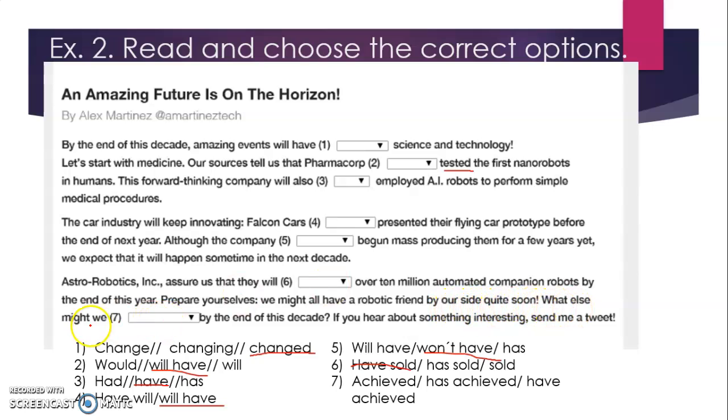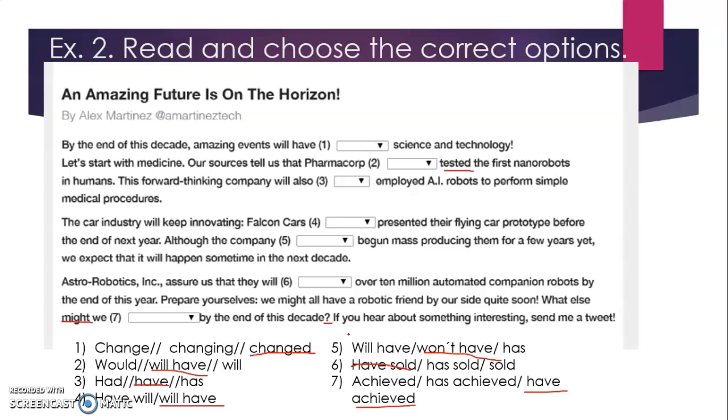What else might we have achieved? Okay, what is the word to complete? We have the auxiliary, and that is a question. You have the auxiliary first, then you have the subject, so you need to add have achieved.